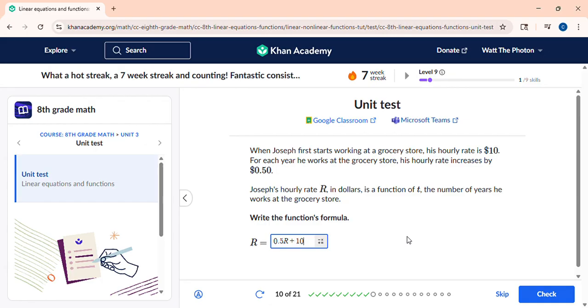Seems right. I put the wrong number. It's t. It's a function of t.